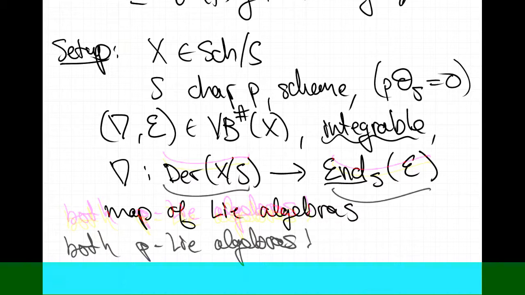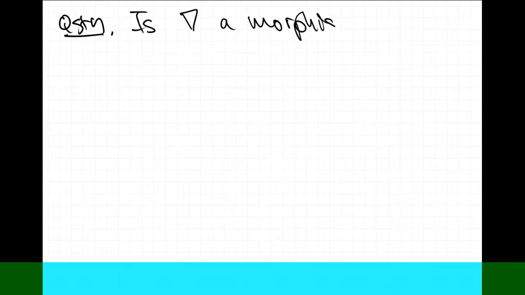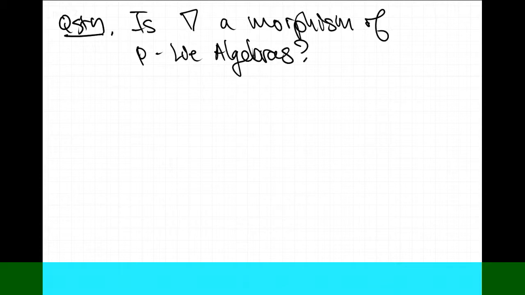And so the natural question I'm going to ask is this: is this a morphism of p-Lie algebras? So we have it as a morphism of Lie algebras, but is it a morphism of p-Lie algebras?